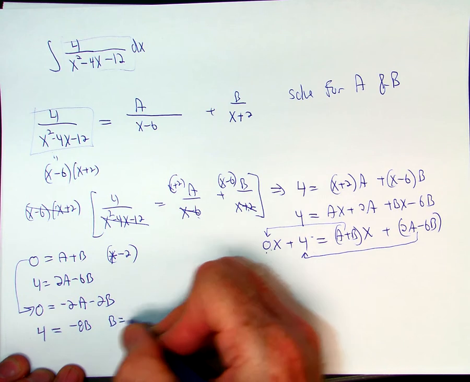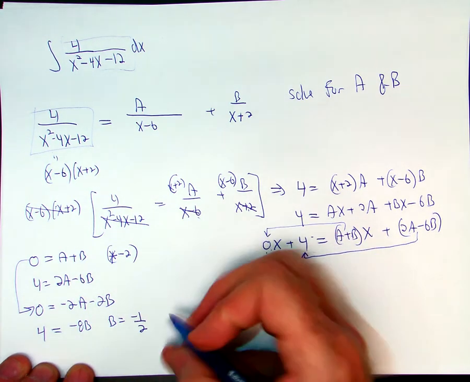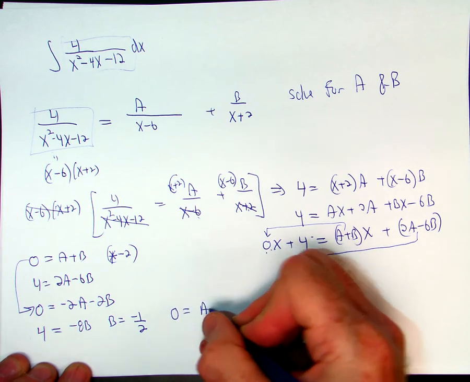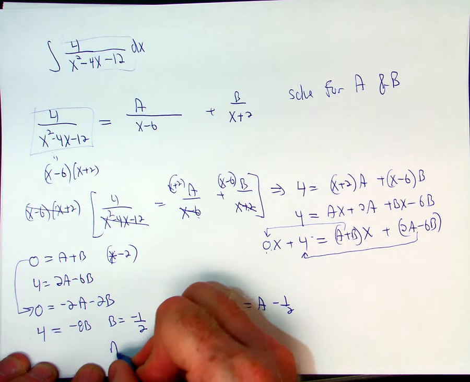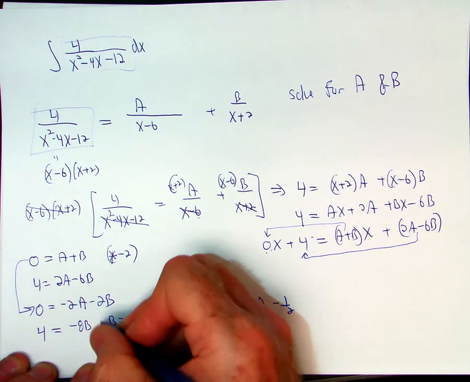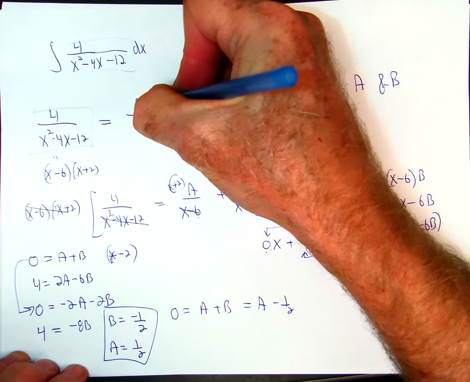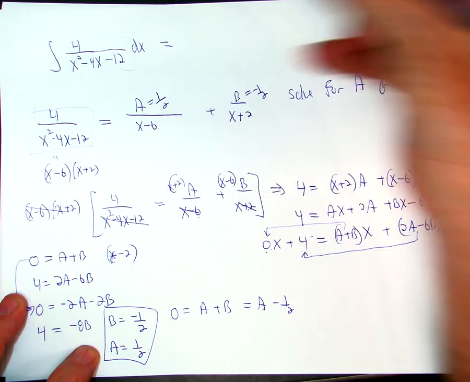B is equal to minus 1/2, 4 over 8. I look back here, that means that if 0 is equal to A plus B, that's equal to A minus 1/2. A has to equal 1/2. Okay, so that means this is 1/2. This is minus 1/2. So that means I'm going to go back up here.